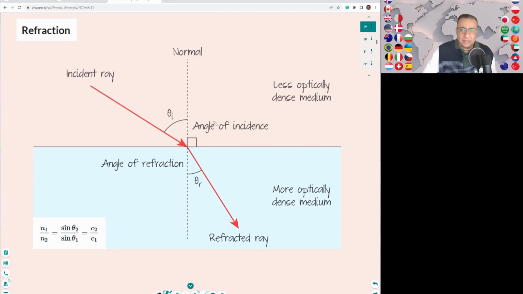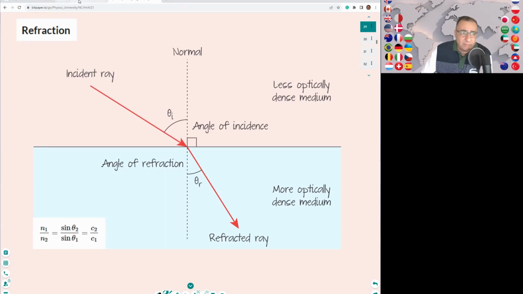These two media have different optical density, and we can describe it by the refractive index of each medium. Since they have different refractive indices, they have different speeds, and that's why the incident ray will change its direction of propagation, and that would be a refracted ray in the medium.